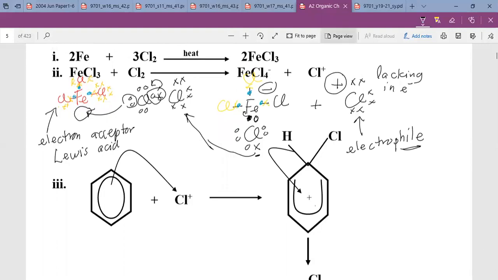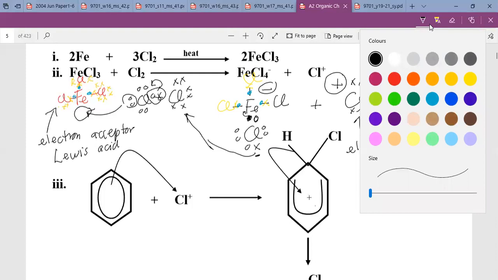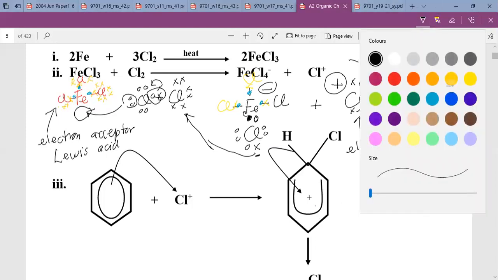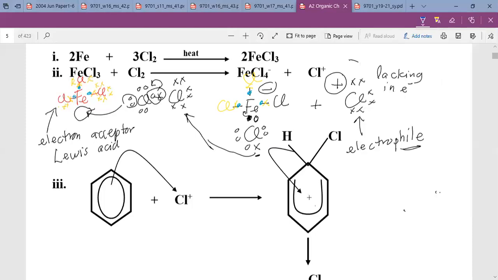This whole equation is drawn from here. I want to show you the color. Now, as I said, this fellow here, all of this is carbon.